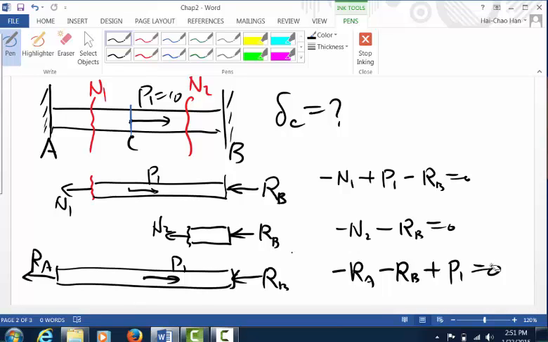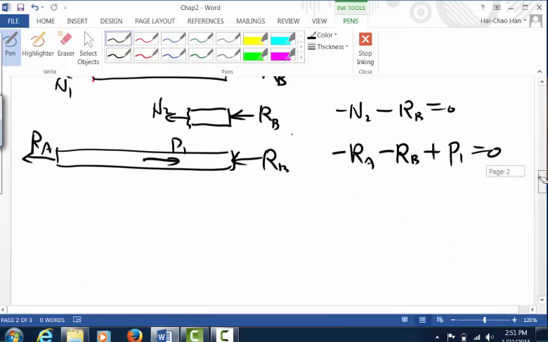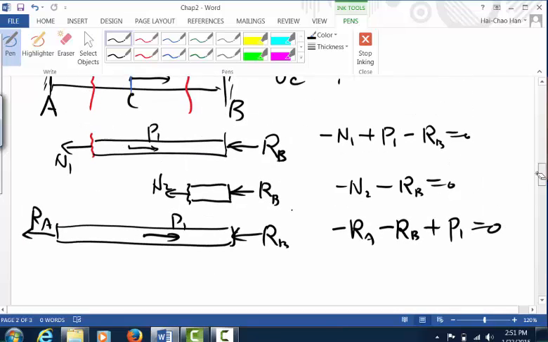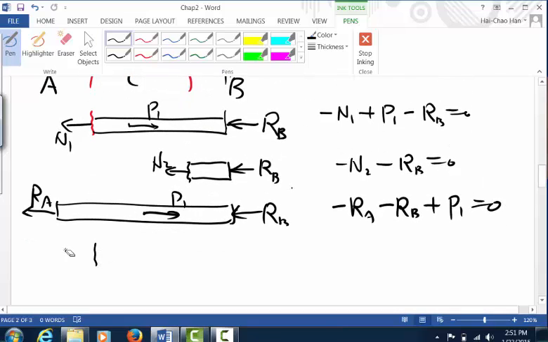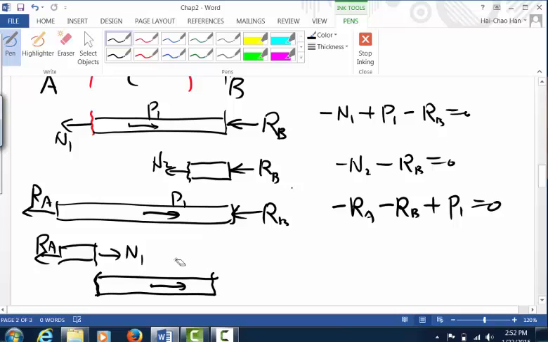Okay, so maybe I can draw another one. So I can draw this part, right? So this will be N1, this will be RA. But that's relating RA to N1, so it doesn't help, right? So I can also draw this one. Cut here. So I use the two cuts. So here is P1.